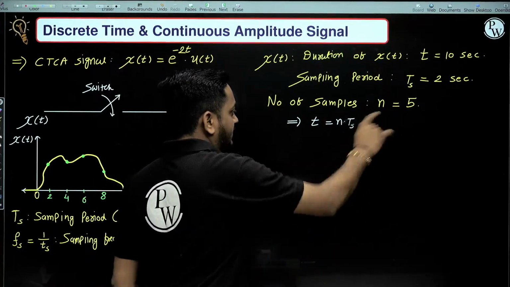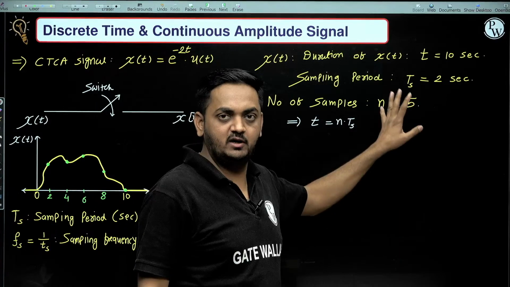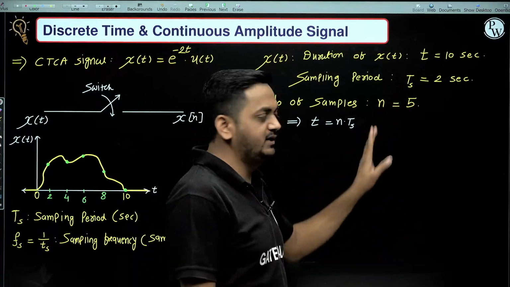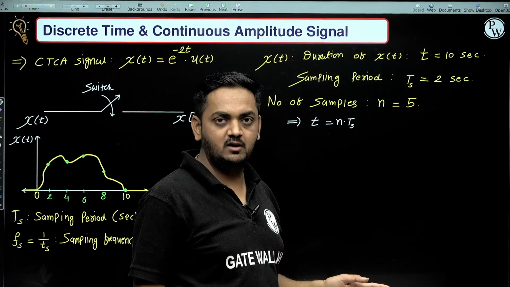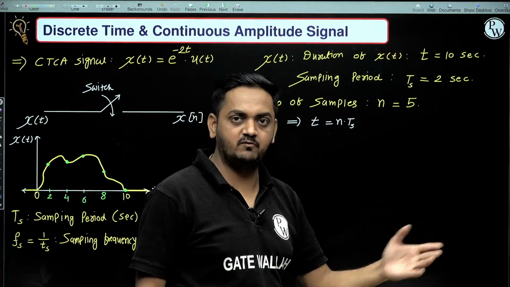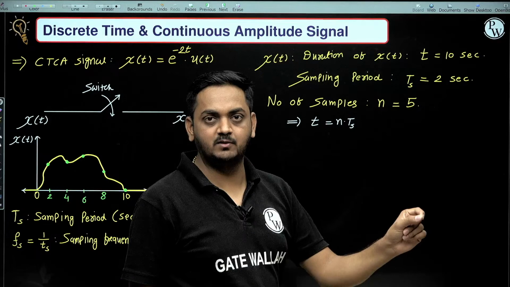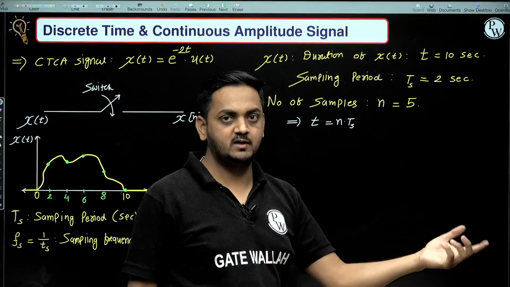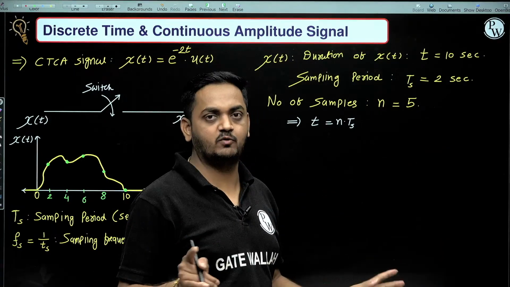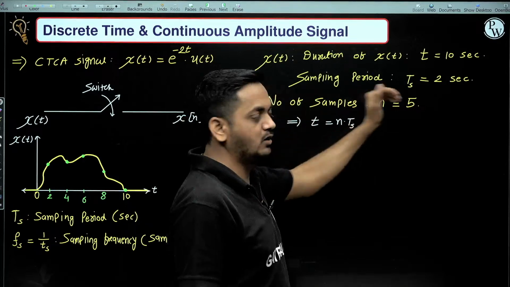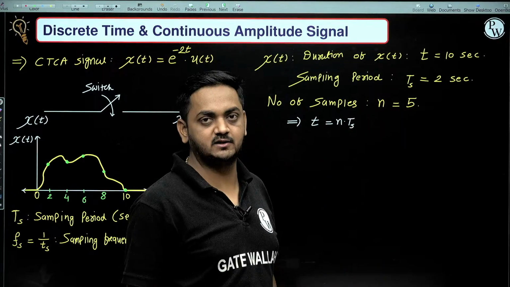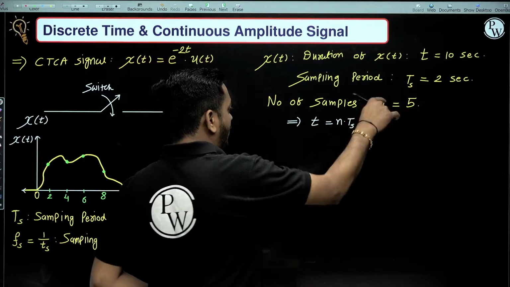Now tell me, can this n be only an integer value, guys? Yes, only integer. Number of samples 5.5, is this possible? 5.2 samples, is that possible? No, guys, not possible. So the number of samples is always an integer.